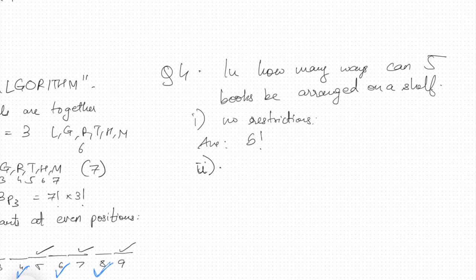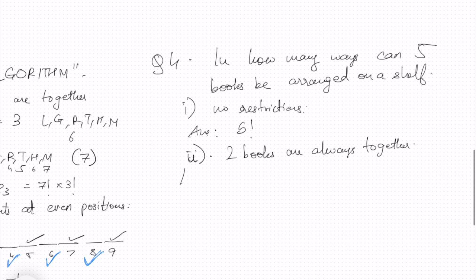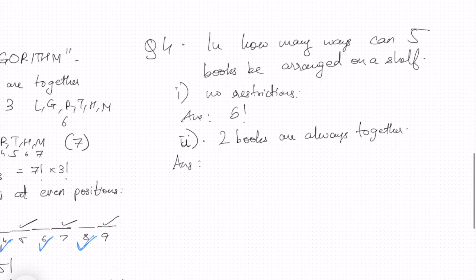2 books are always together. 2 specific books are always together. So what we can do is, out of these 5 books, we place these 2 books together. Say the books are B1, B2.